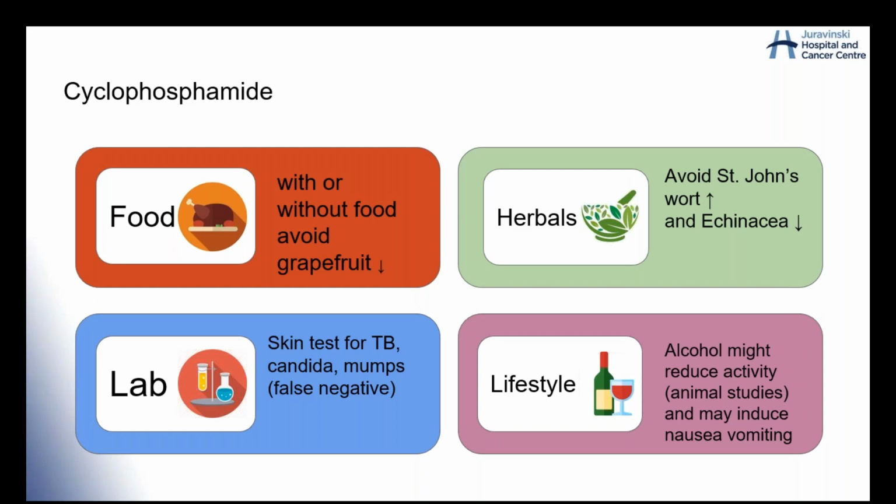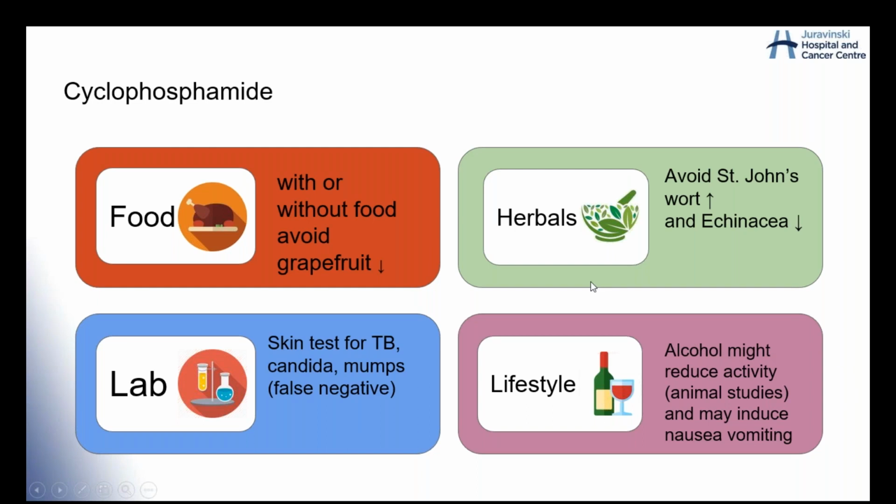If your immune system is suppressed because of these agents, cyclophosphamide being one of them, it will look like you're not reacting to the skin test, but in reality you just don't have a strong enough immune system to mount a reaction.